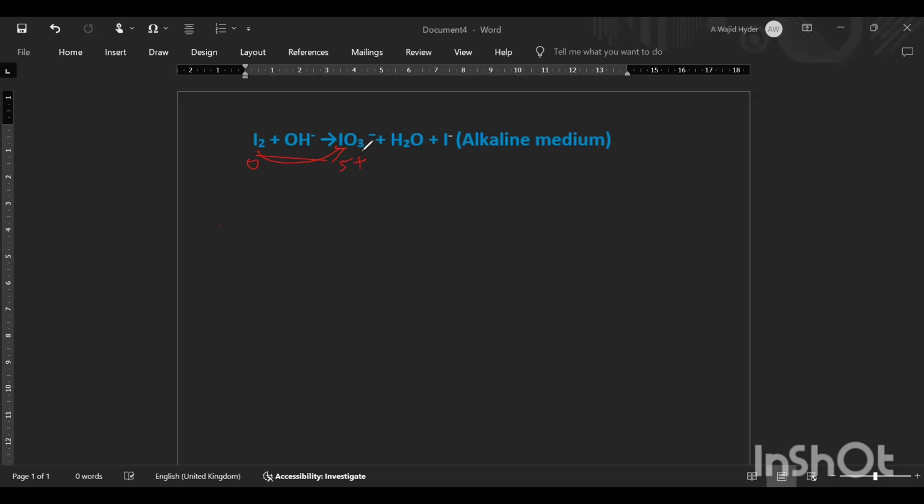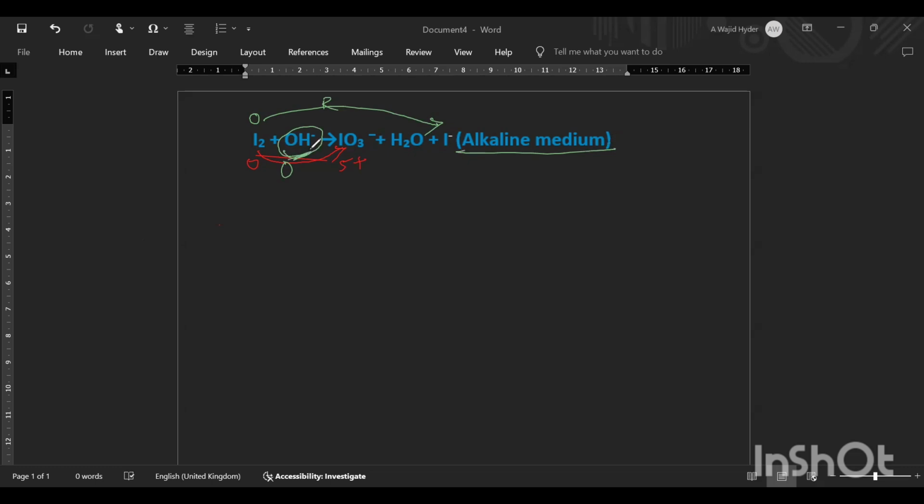Now this iodine is 0 and here iodine is 1-. So this is reduction and this one is oxidation. What is the difference between this equation and the previous one? The previous one was in acidic medium, so H+ was there. And this is in alkaline medium, so here OH- is there.